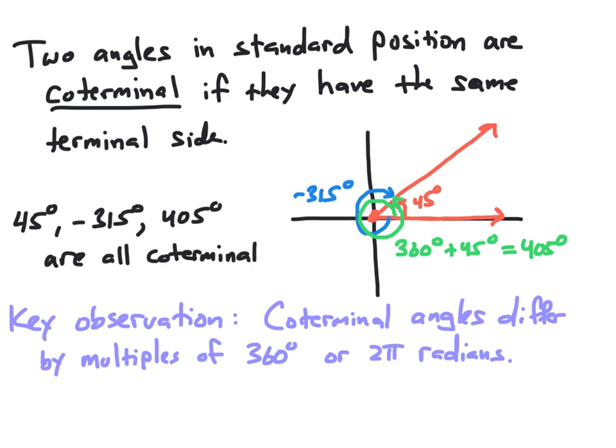So in order to produce an angle that is coterminal with a given angle, we can either add or subtract 360 degrees or 2 pi radians as many times as necessary to get an angle that we are comfortable with. Typically, this means between 0 and 360 degrees and between 0 and 2 pi radians.